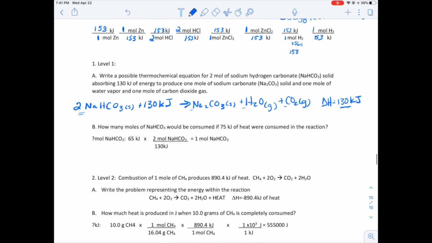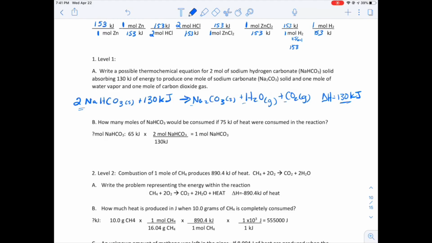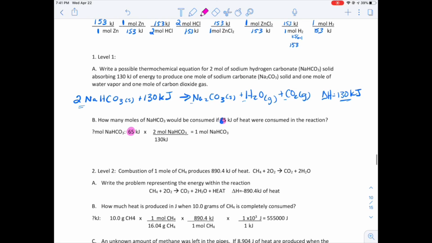So then let's see how many moles will be consumed if 65 kilojoules of heat were consumed in the reaction. So we take our 65, that's what we start with, and then we have this conversion factor. Because it's asking about the NaHCO3, I'm going to go over here and say, oh, I have a coefficient of 2.